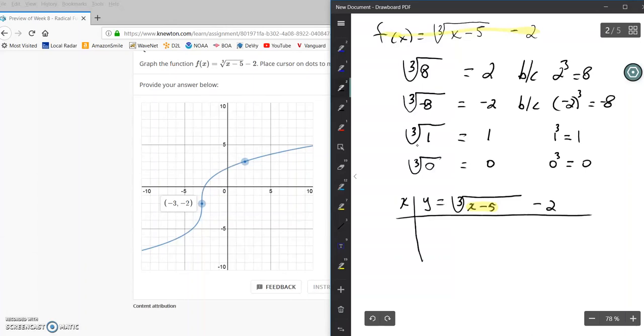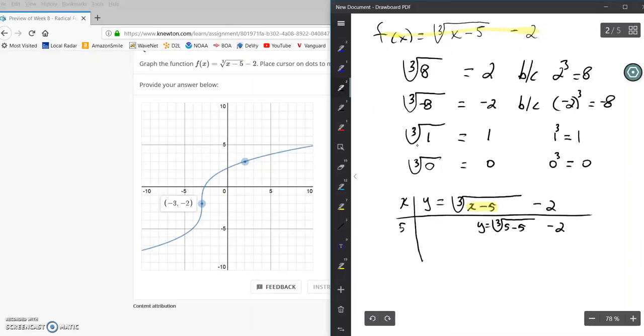For example, let's say I want to plug in an x value that turns the x minus 5 to 0, so that I end up with a 0 under that radical. Well, if we plug in 5 for x, then y is going to be the cube root of 5 minus 5, minus 2.